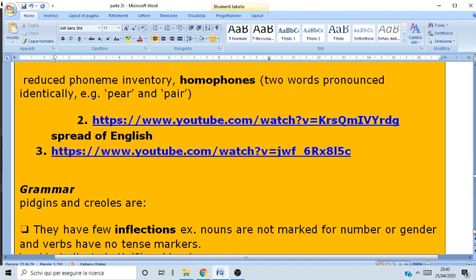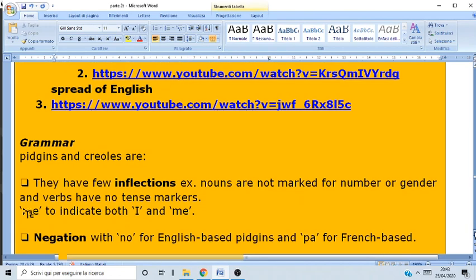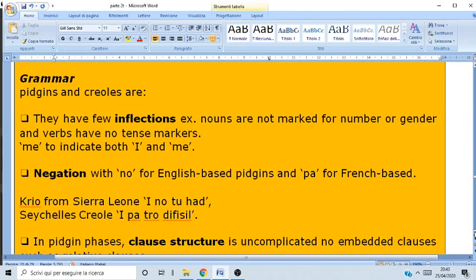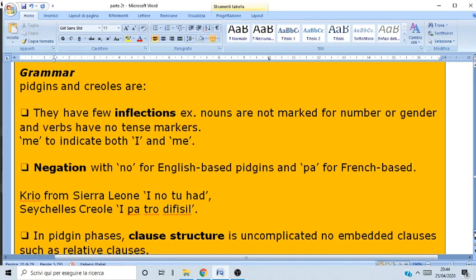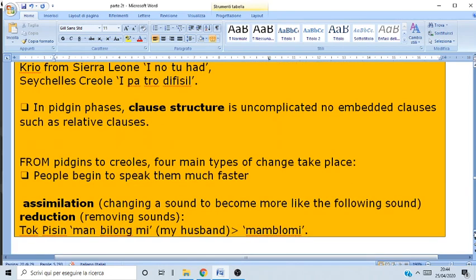Okay. We looked at the differences between Pidgins and Creoles, and we said that Pidgins have very few inflections. Okay, and we looked at the difference between inflection and derivation. Negation is usually reduced to the form of no for English-based Pidgins and pas for French-based Pidgins. We said that Pidgins have a very simple clause structure.